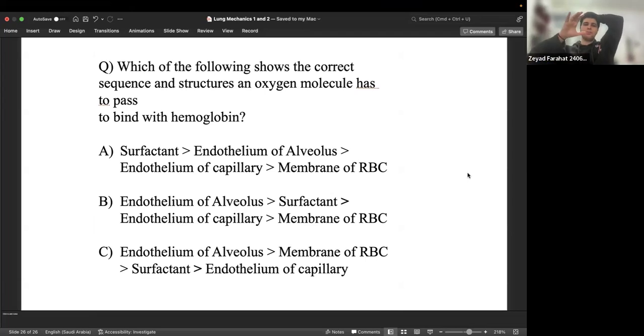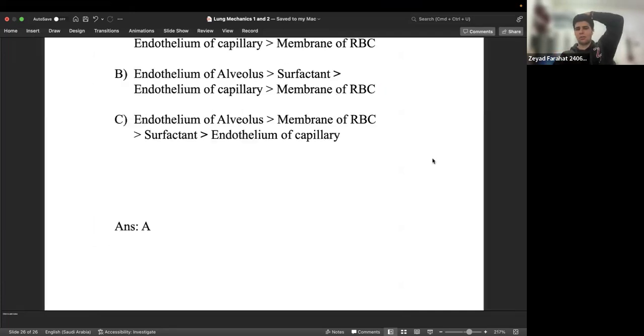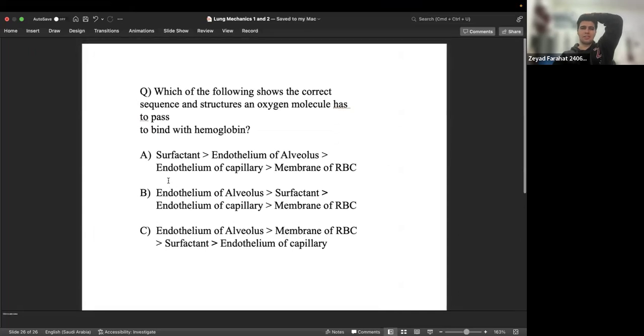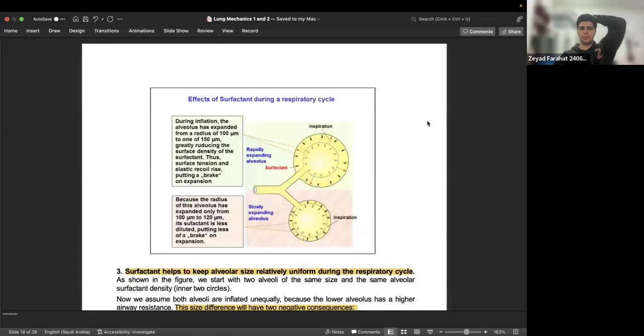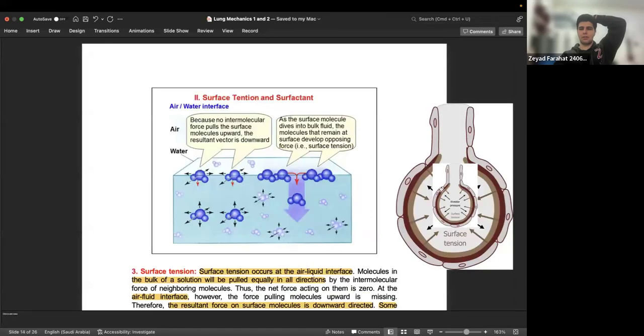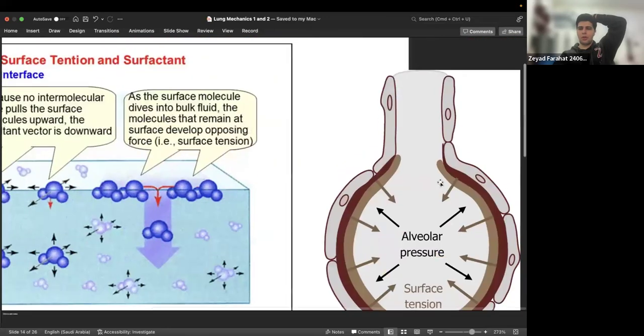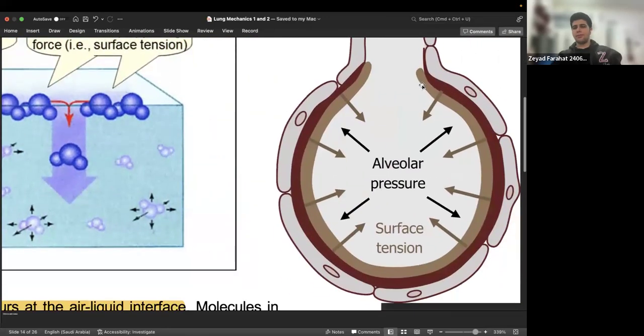So here, overall what happens is surfactant is on the outside and endothelium is on the inside. Let me bring out the picture better. Yeah, the answer is A, because it's surfactant on the outside. If you go back here, you'll find that the water is outside here.